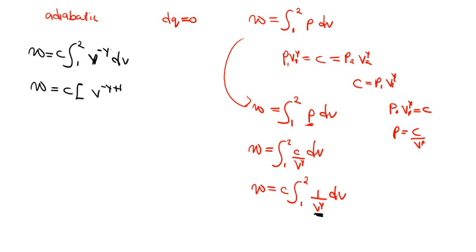The same thing I've done here, I'll do: negative gamma plus 1. Since I'm integrating with respect to v, I can now leave the dv.